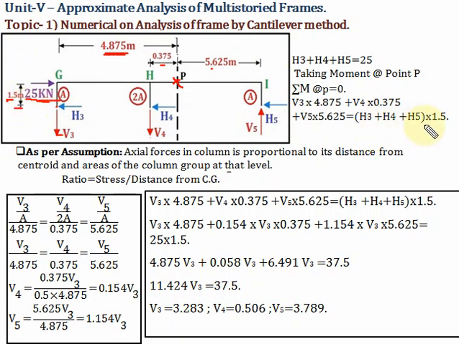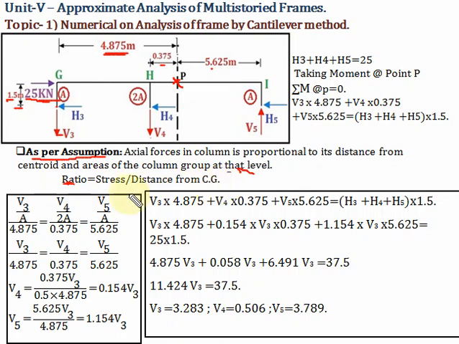Now one assumption is that, as per assumption, the axial force in a column is proportional to its distance from the centroid and the area of the column group at that level. What is that ratio? The ratio is stress upon distance from the CG.